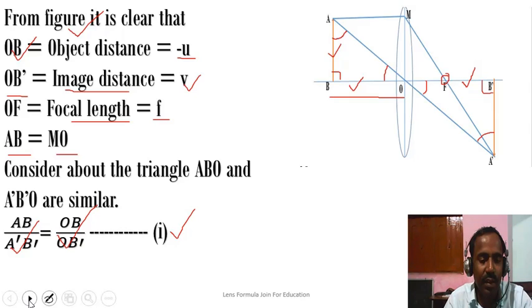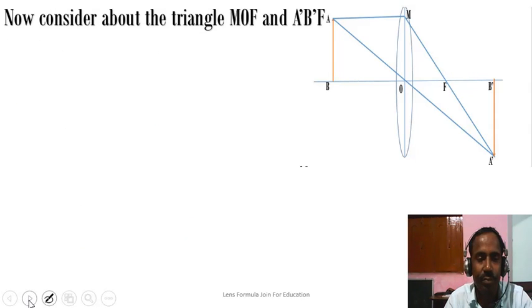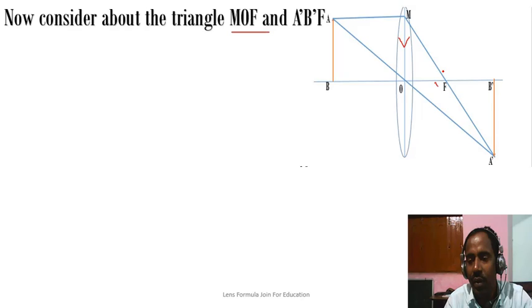Let us continue the class. Now, consider the triangle MOF and A dash B dash F. These two triangles are also similar.